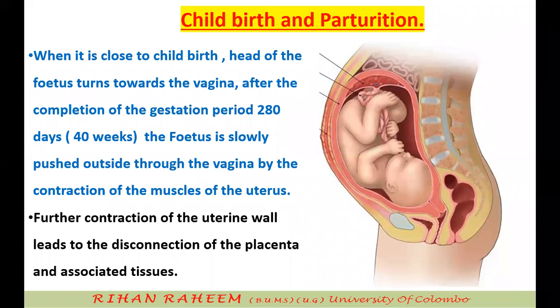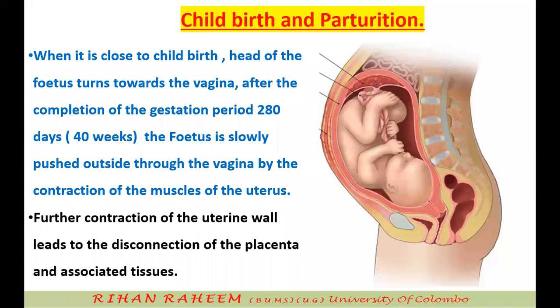After the completion of the gestation period, that means pregnancy period, 280 days, 40 weeks, or in our month term, 9 months, the fetus slowly is now pushing and trying to come out of the vagina. The vagina is very small, but during this period, it will get pulled, it will get dilated, and the muscles will contract.